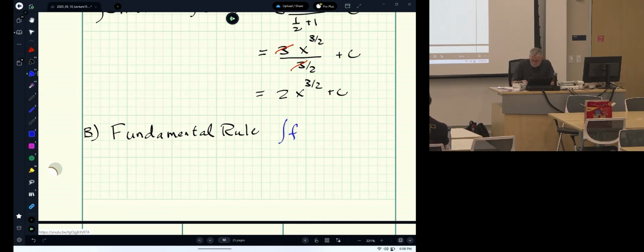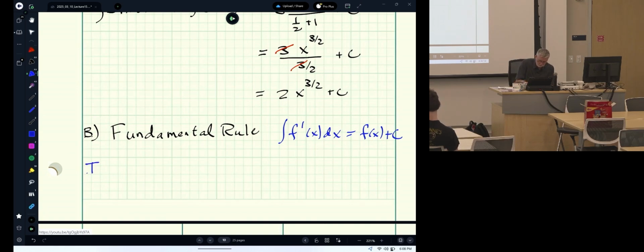It says the antiderivative of f prime of x dx is equal to f of x plus c. Okay, that's the second fundamental theorem of calculus.